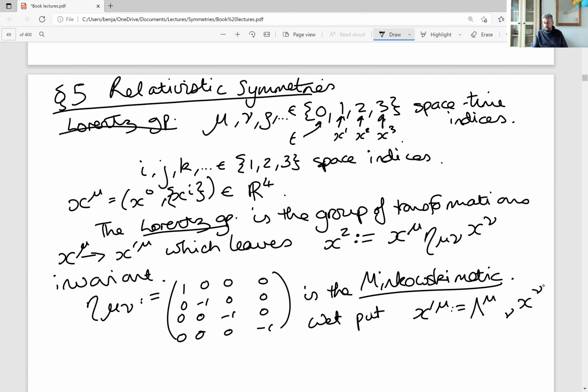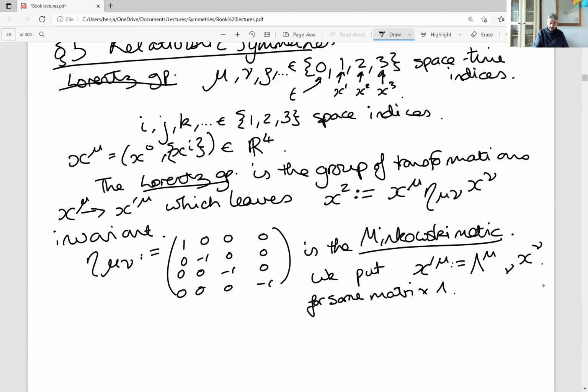Remember the convention here is that we write the row indices first and then the column indices. So this is what we put for some matrix lambda.